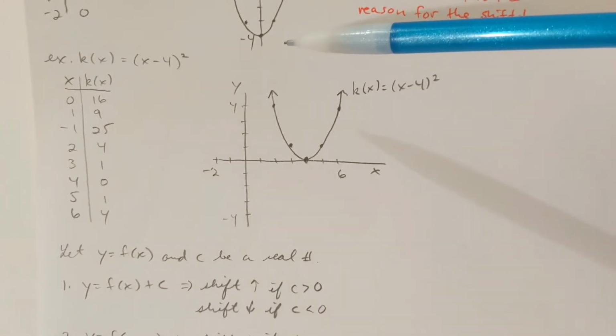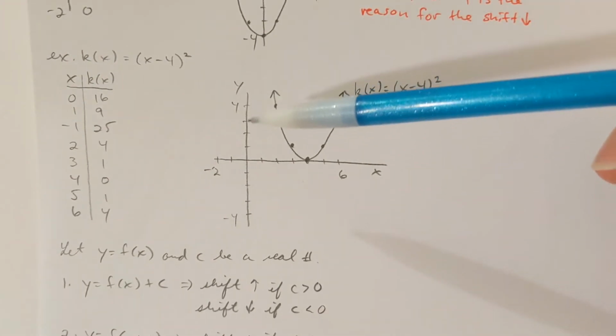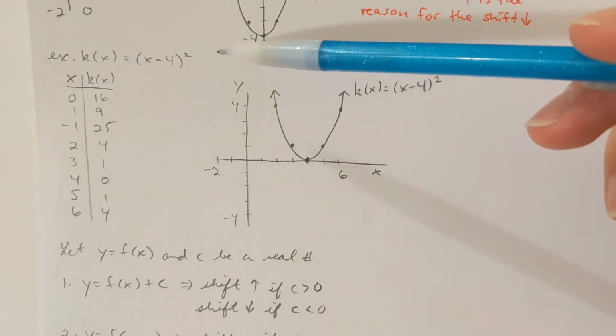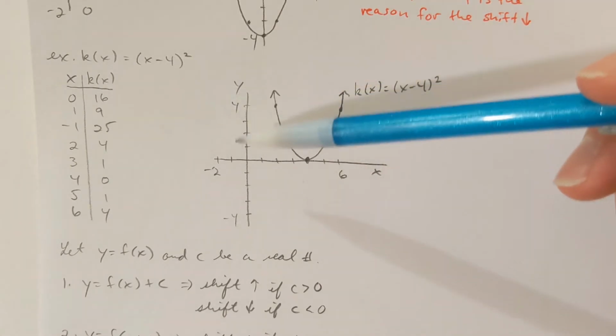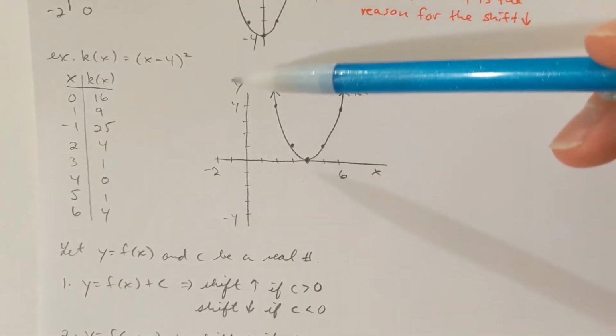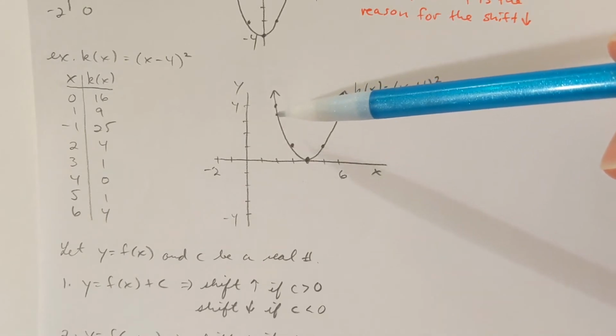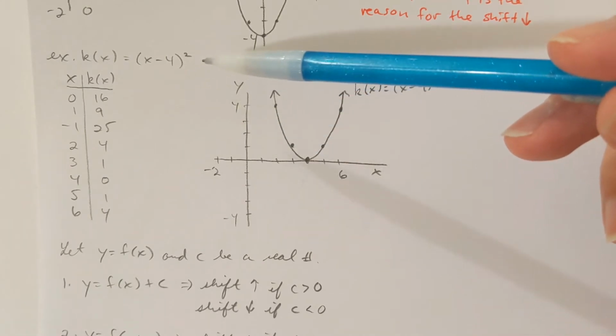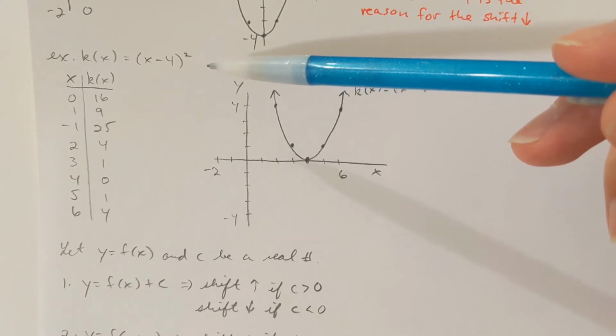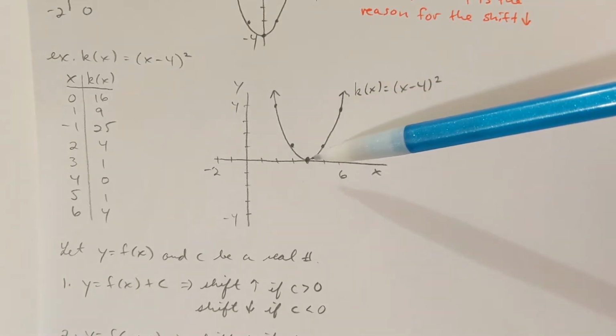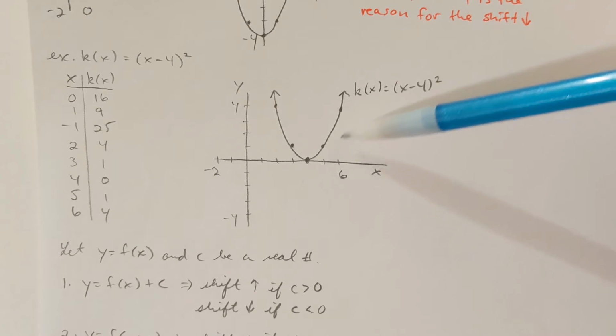That's way up here. If x is 1, 9. Negative 1, 25. That's way up there. 2, 4. 3, 1. 4 is 0, 5, 1, and 6, 4.